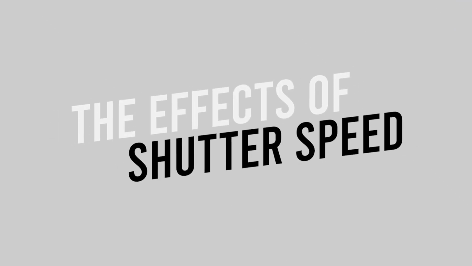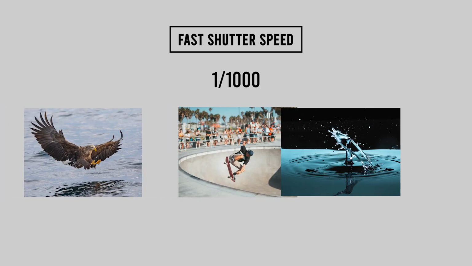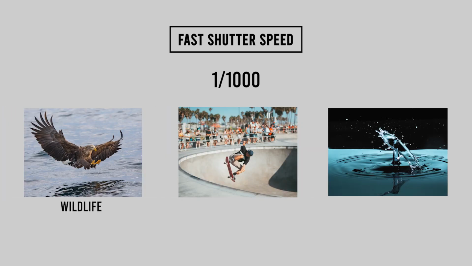These are the effects when using the shutter speed. Fast shutter speeds like 1/1000th of a second freeze action, like taking pictures of wildlife, sports, or water droplets. It captures sharp images of the fastest subjects.